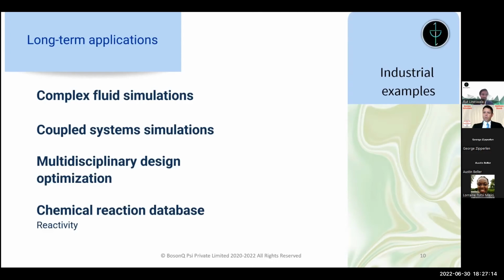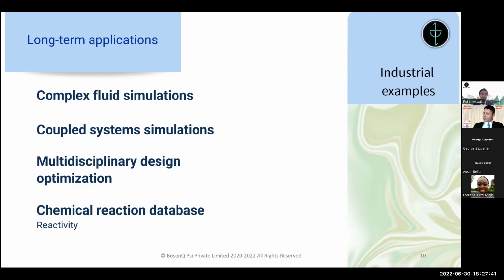And as an aerospace engineer, it kind of breaks my heart. So this is where we really want our software to come and play a big role, to help industries adapt quantum so that they can perform new types of simulations and make much better designs than what we already have.